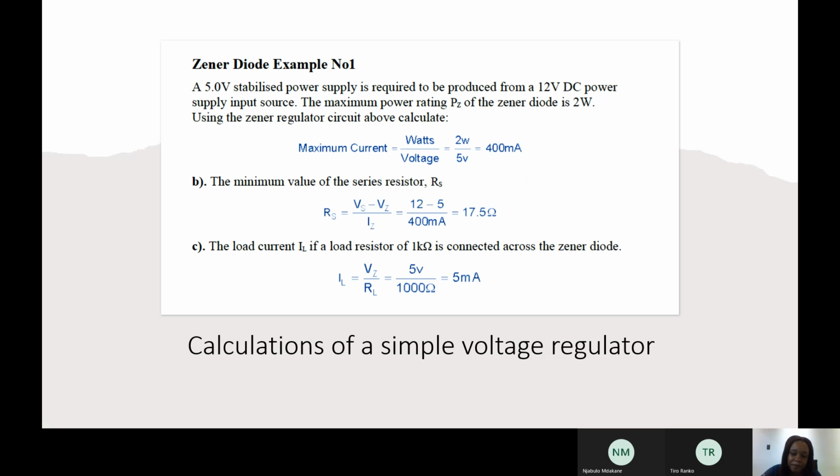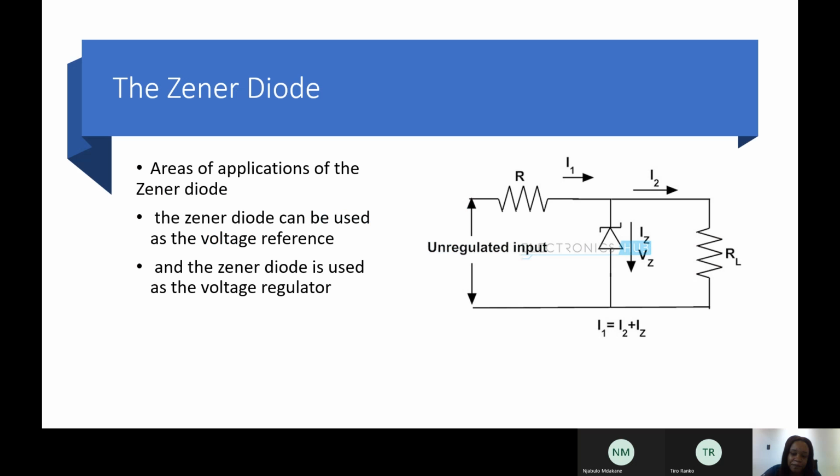Okay, the next question says to calculate the load current, the current going through the load IL, if the load resistor is 1 kilo ohms, connected across the Zener diode. So we have the Zener voltage, which is 5 volts. That is important if we're working out the current going through the load. You know that this part of the circuit is series and then it becomes parallel.